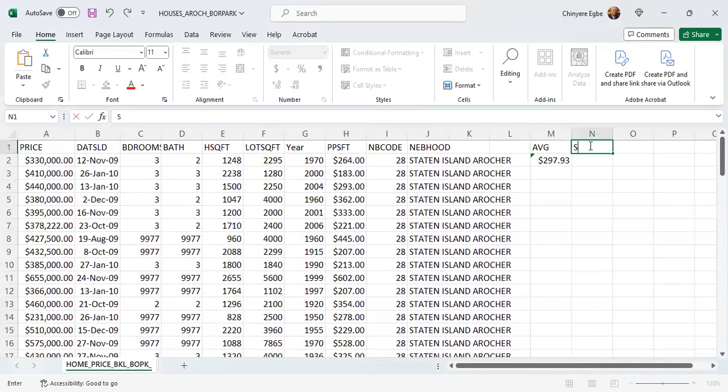And then we'll calculate the standard deviation. Okay.